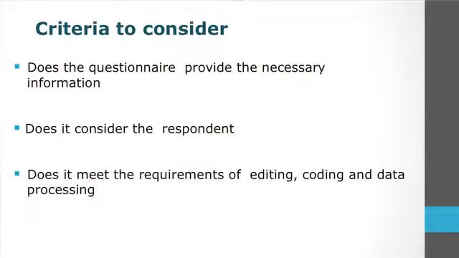Now we also need to see the criteria we need to consider when we are doing a questionnaire. The first thing is that any questionnaire that we are preparing should provide the necessary information. While we are preparing, we should consider who the respondent is. What is the age of the respondent?